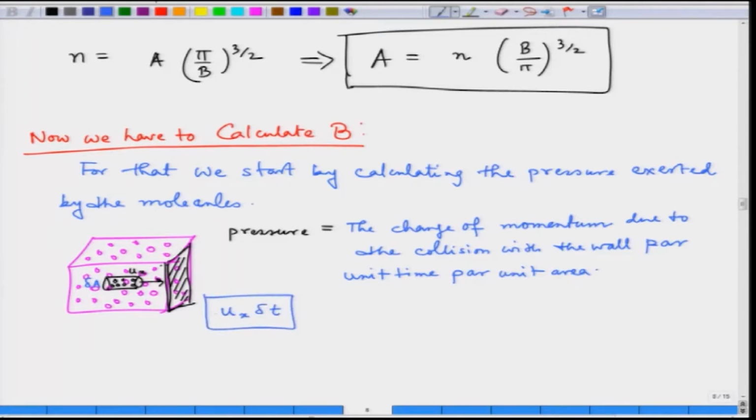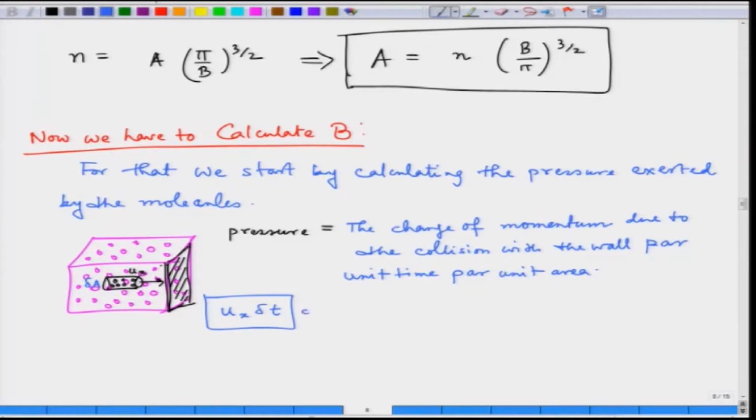And this is the length of the cylinder, which will be evolved in time delta t with the particles having velocity x component equal to ux, and moving along the positive x direction.